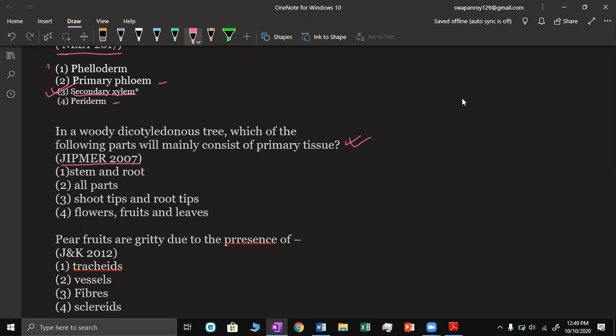Primary tissues are those which are produced by the apical meristem and intercalary meristem.